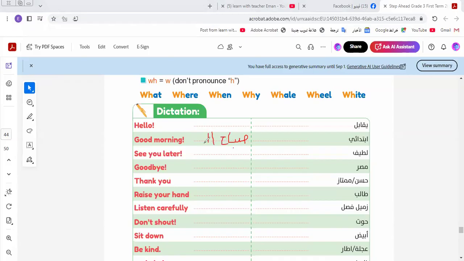This is the translation of this word. We here say see you later. Here we say in Arabic.